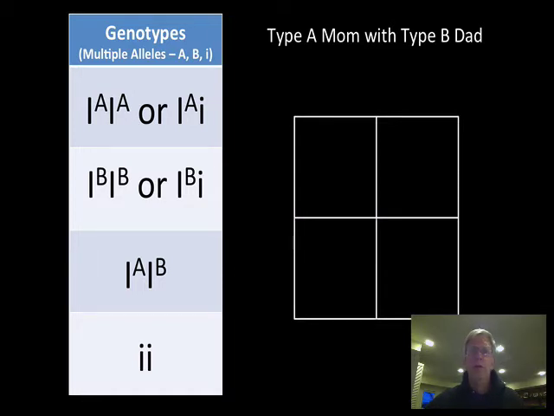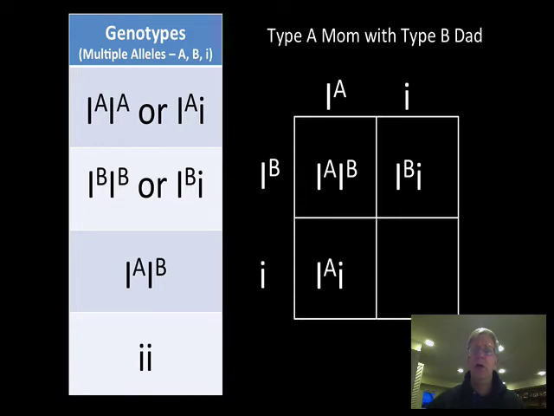We don't know if mom or dad are homozygous for type A or type B, or are they heterozygous? If we assume that they're heterozygous, then we can see that they could have a child that's AB, a child that's B, a child that's type A, or a child that's type O. So a type A mom and a type B dad, if they're both heterozygous, could have a child that is type O.